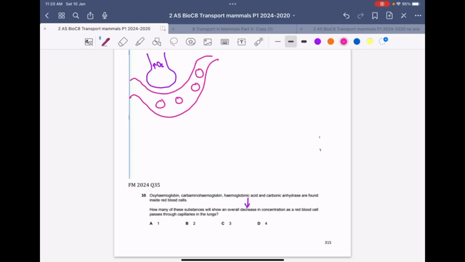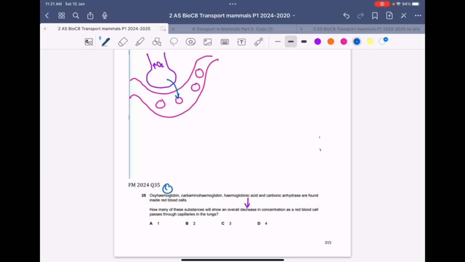Okay, so what will happen to the oxyhemoglobin? Just remember that in the lungs, the oxygen will be taken up. Imagine the oxygen moves from the alveolus into the blood capillary and diffuses to the red blood cell.